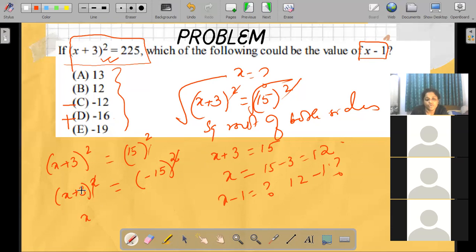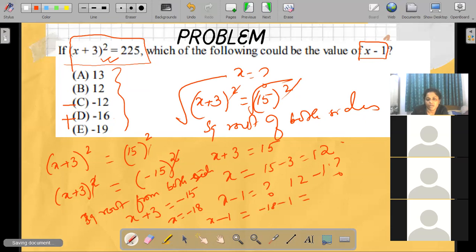I am taking the square root from both sides. So I'm left with x plus 3 is equal to minus 15. X is equal to minus 18. So now my x minus 1 is equal to minus 18 minus 1. That is equal to minus 19. That is option E.